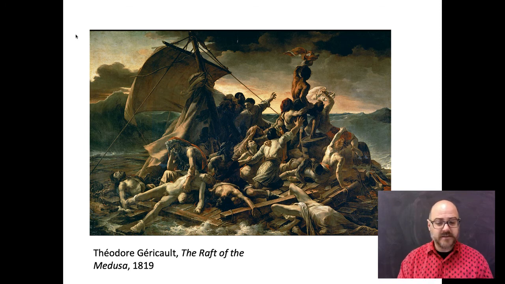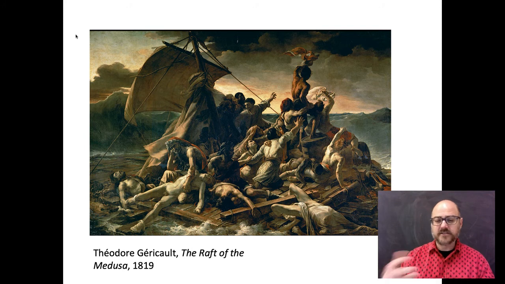This was a ship that was carrying soldiers and settlers from France to Senegal on the African coast. And the ship was shipwrecked. The captain and some of the crew took the lifeboats. The policy back in the day was that the captain should go down with the ship.